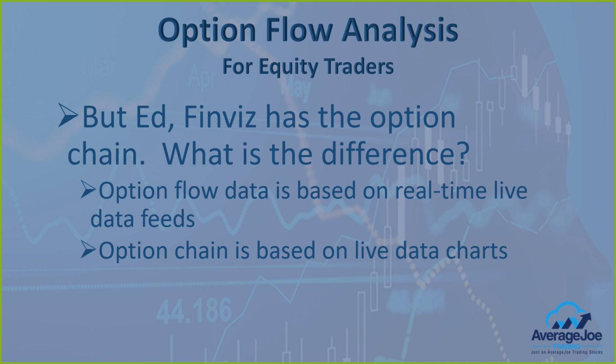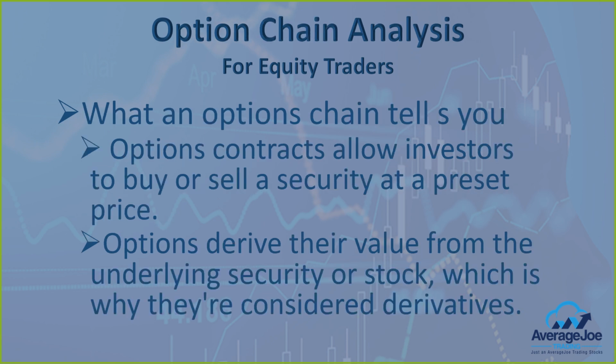So that's why I'm okay with the option chain and the live data charts. Okay, so what an option chain tells you, this is the basic information that we as equities traders using option data, these are the things that we need to focus on.